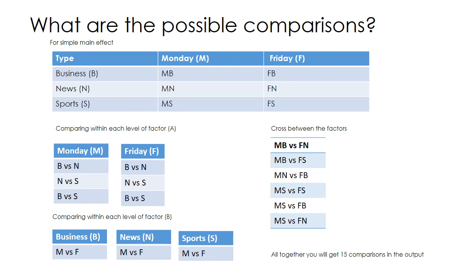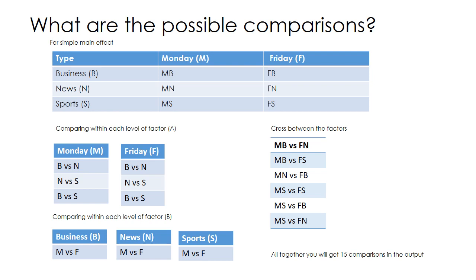The columns are Monday and Friday, and then the type has 3 levels. So you have Monday business, Monday news, Monday sports, and Friday business, Friday news, and Friday sports. So basically you have 3 by 2, about 6 possible combinations here.